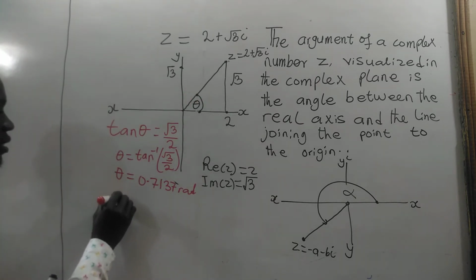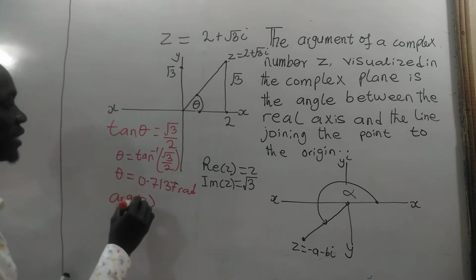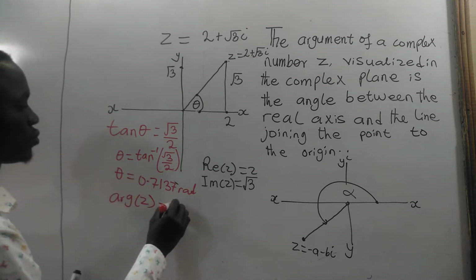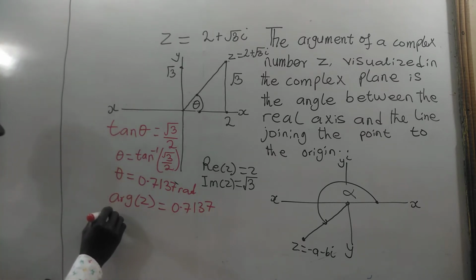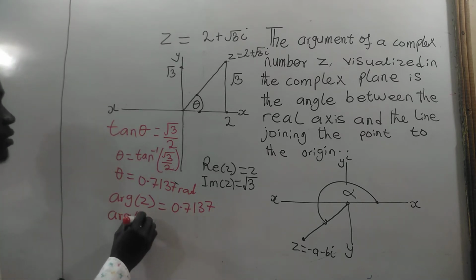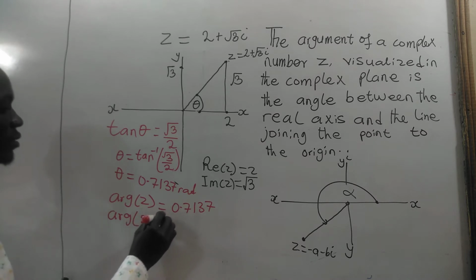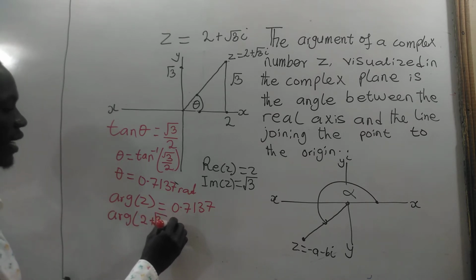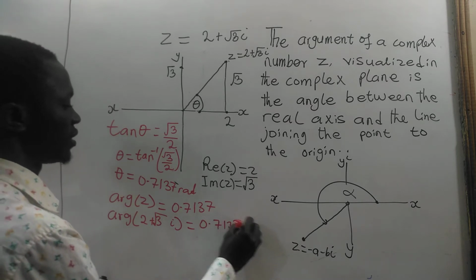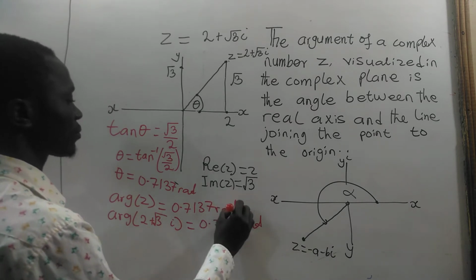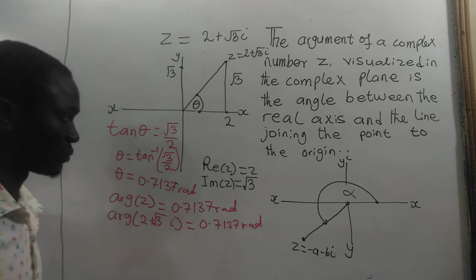Here the argument of z is equal to 0.7137, or you can write it as the argument of 2 plus root 3i is equal to 0.7137 in radians.